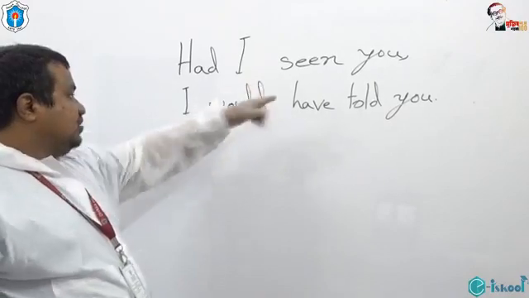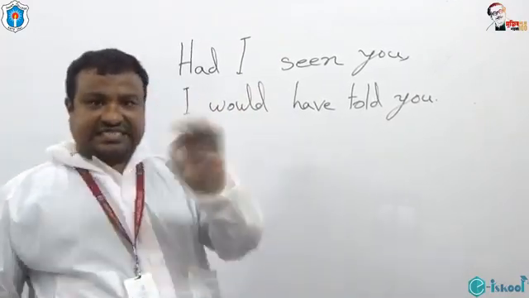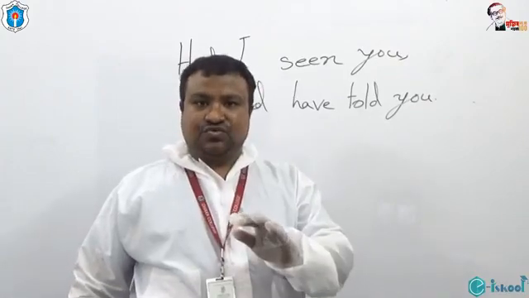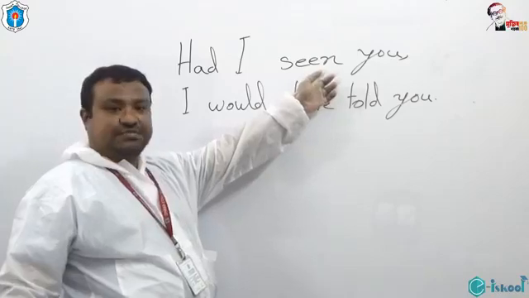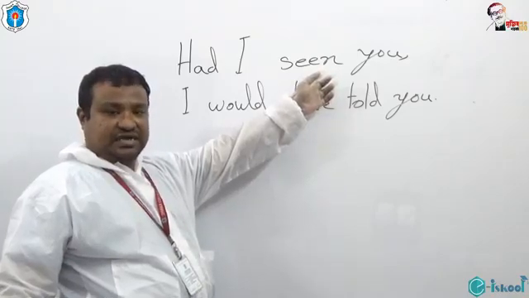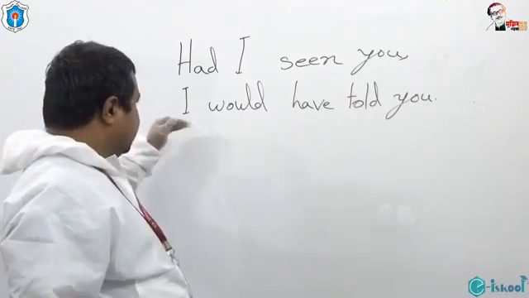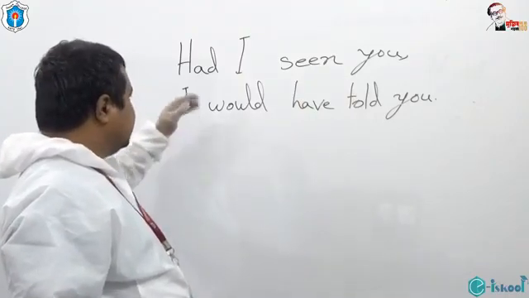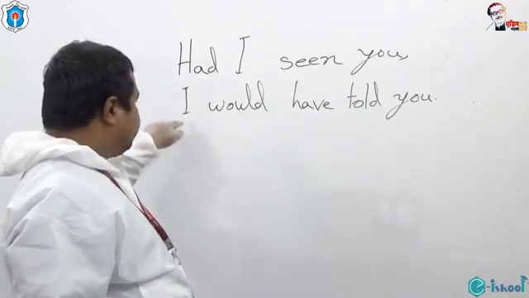Had I seen you, I would have told you. The structure is had I seen you. Had plus subject plus the past participle of the main verb and then object. At the subordinate portion, we have this structure.